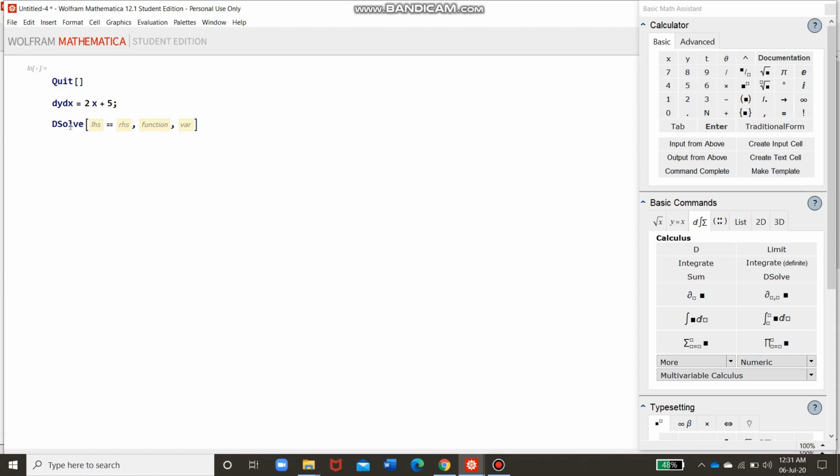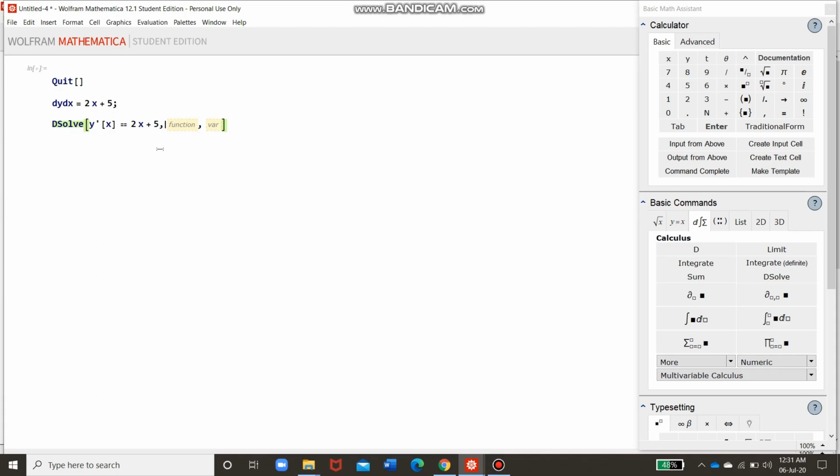In this, we're going to use the dsolve function. So how do we use it? What is the LHS, or the left-hand side? Your left-hand side is dy by dx, which can also be written as y dash, dependent on x, and the RHS is 2x plus 5.